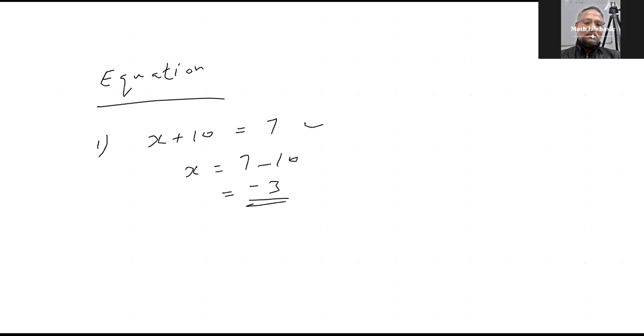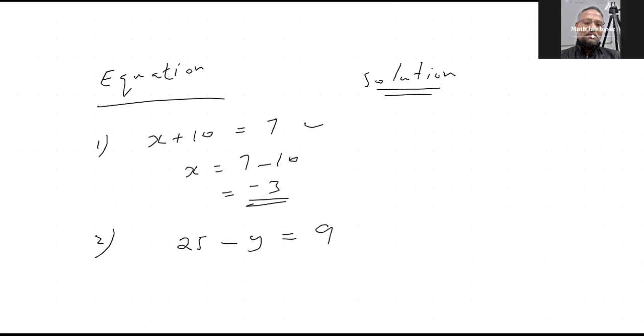Now, second one. Look here. 25 minus y is equal to 9. So what is the solution of the equation? We can find out the solution of the equation, not the zero.